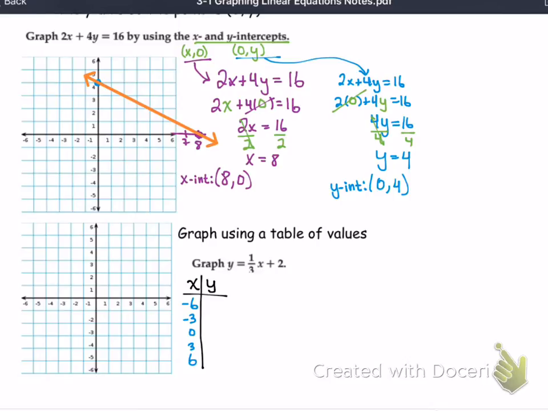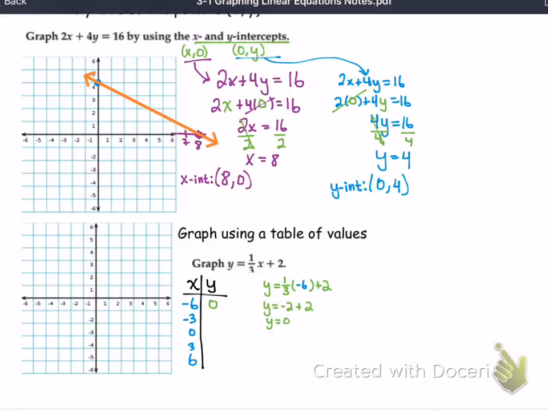Why did I choose those? Because when I plug in -6 for my x, you'll notice that 1/3 times -6 gives me -2. So y equals -2 plus 2. And so y is equal to 0. So when I plug in -6, I get a y answer of 0.